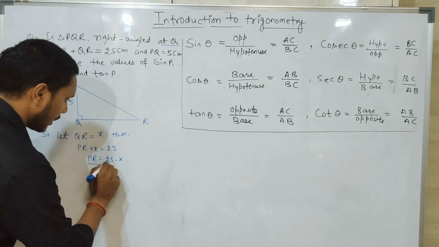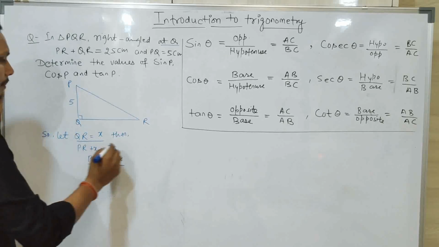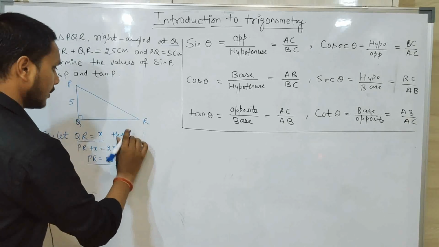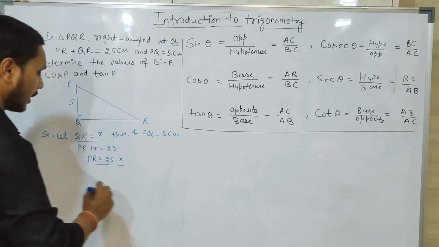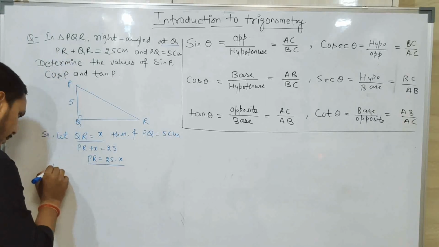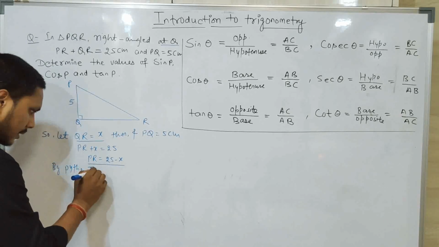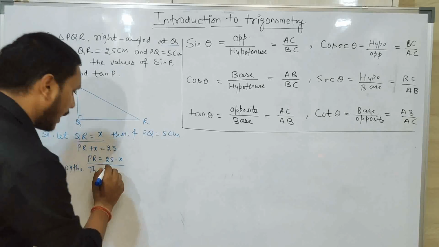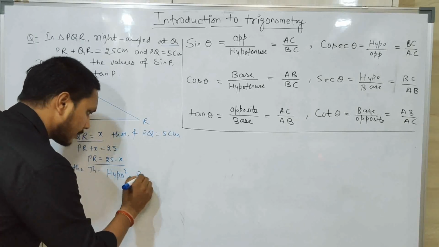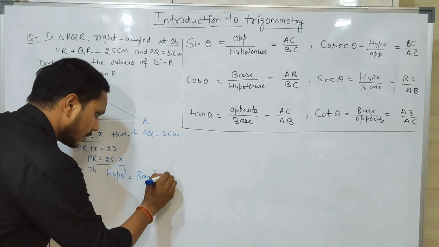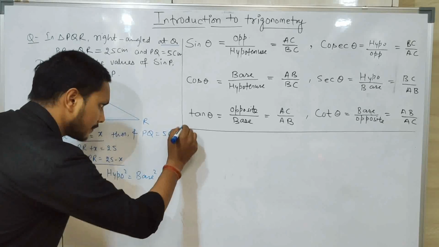So we have PR separately, but in the form of x, QR and PQ, and PQ is given as 5 centimeter. Again, apply the Pythagoras theorem. Pythagoras theorem is hypotenuse square equals to base square plus opposite square.